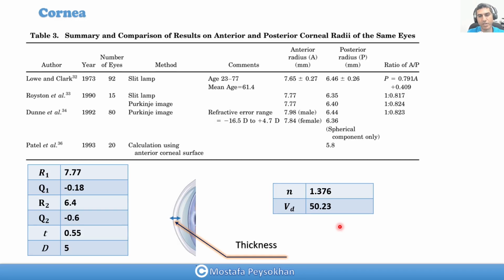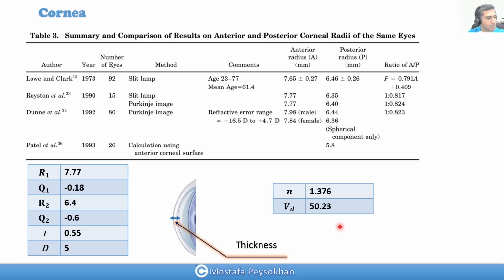You cannot just define it by one number. One number is for just one wavelength, but when you give the Abbe number, you're talking about the change of refractive index versus wavelength. Our eye can see a big spectrum from 400 to around 700, blue to red, so the refractive index is not constant for that range.